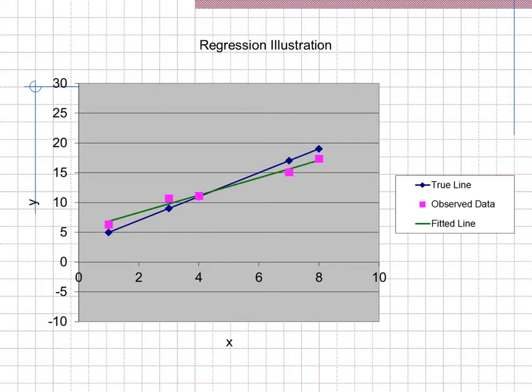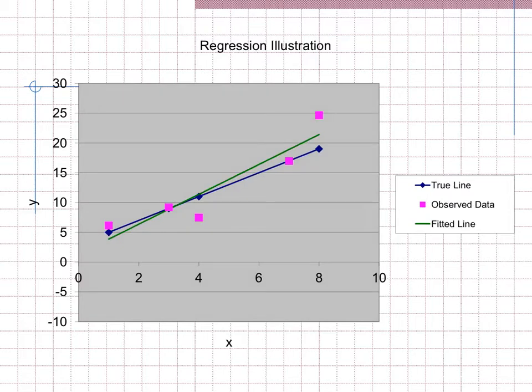And in this case, the green line has a somewhat lower slope than the blue line, and it looks like it would have a higher intercept as well. And here's another case. In this case, the green line has a higher slope and a lower intercept than the blue line with this set of residuals.